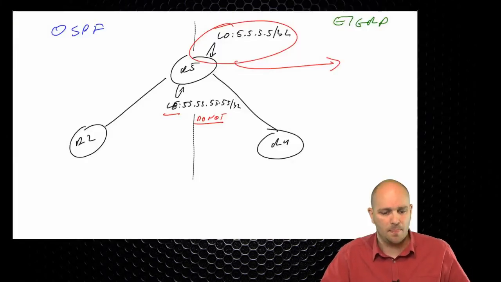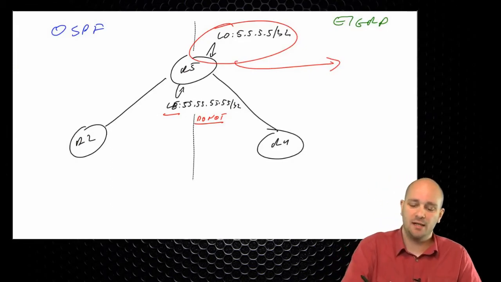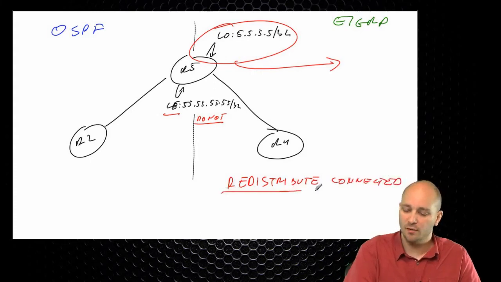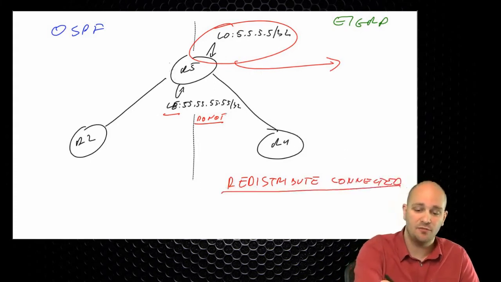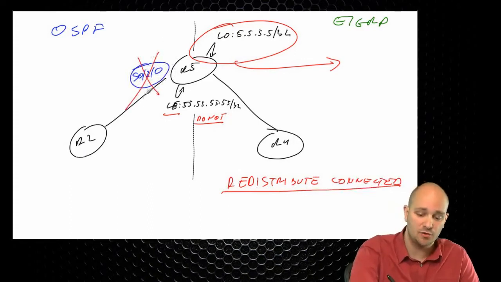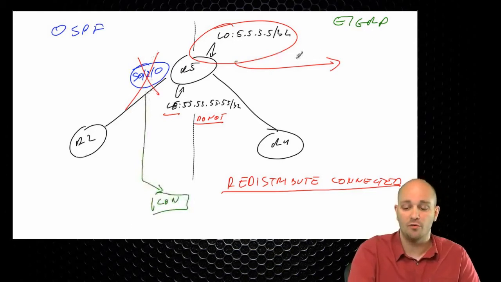What happened here? Well, the moment we did redistribute connected, this interface here, this serial 0/0, which was treated as an OSPF interface, is no longer treated as an OSPF interface and is suddenly treated as a connected interface for the purposes of redistribution.